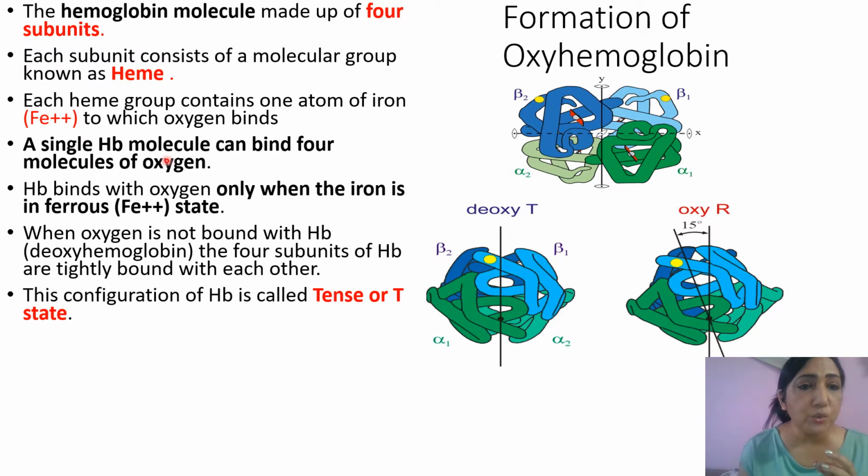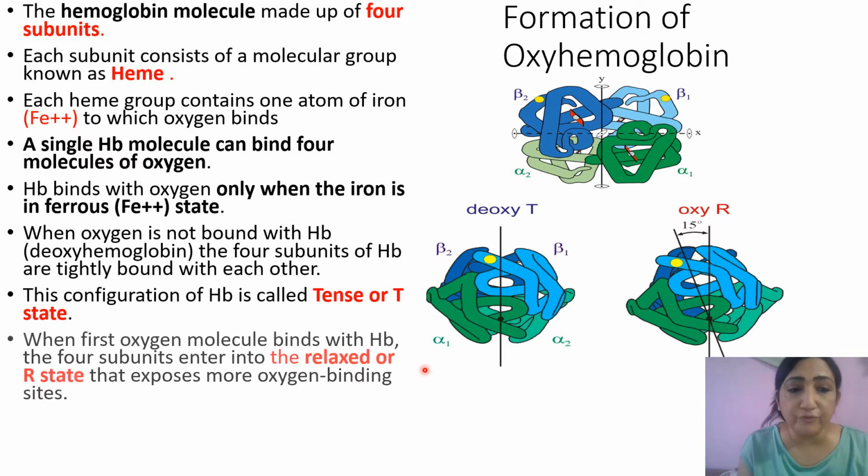Now, we know 4 molecules of oxygen can bind with 1 hemoglobin. The 4 molecules don't bind together, they bind one by one, step by step. One molecule binds with hemoglobin, it causes a little conformational change, and then the binding capacity increases more. So step by step it increases the affinity towards oxygen.